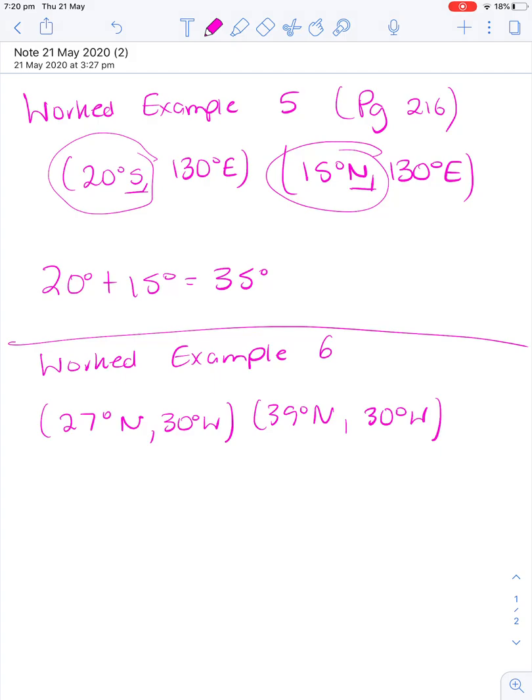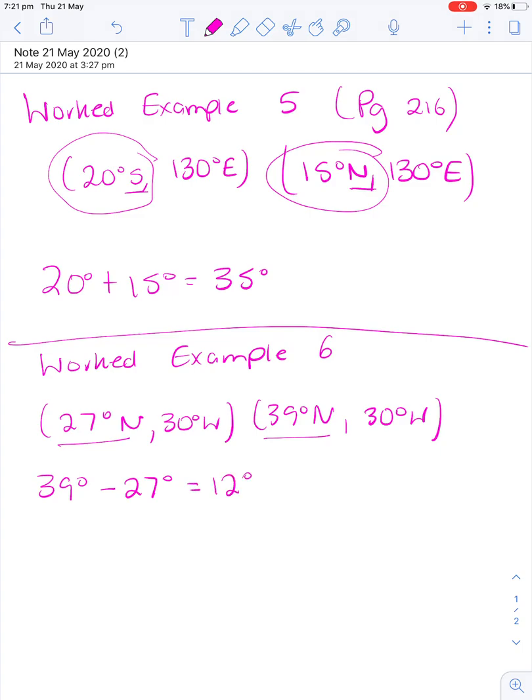All right, if they ask us to calculate the distance to the nearest kilometre, we just have to incorporate a formula afterwards. All right, so the first thing we look at the latitude. Okay, we have a look if it's on the same side or on opposite sides of the equator. In this case here, it's on the same side. So because it's on the same side, we are going to subtract, which gives us 12 degrees.